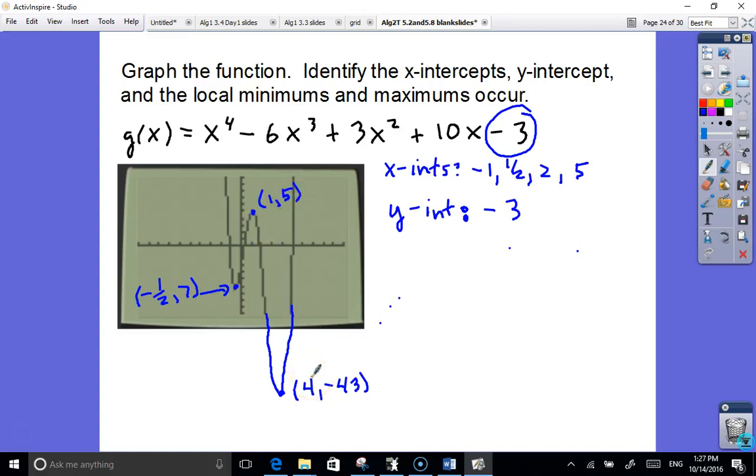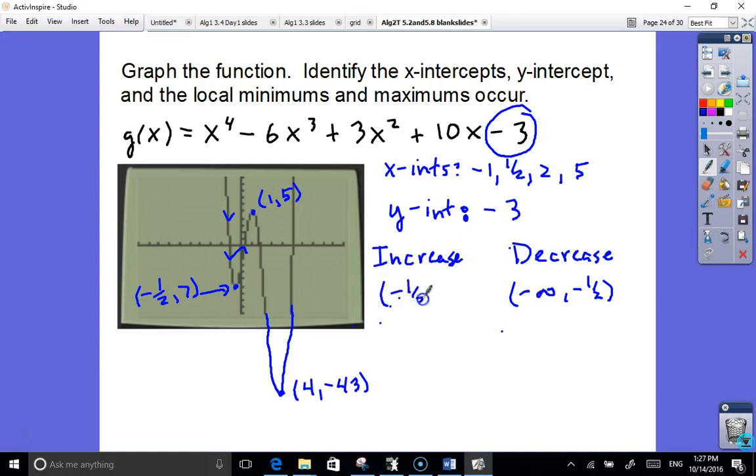Okay, so let's put the intervals of increasing and decreasing. So what's it doing from the extreme left side of the graph until the first turning point? It's going down, right? This part of the graph is going down. So how would I say that interval? Negative infinity to negative 1/2. Okay, then it's going up. How do I state that interval?